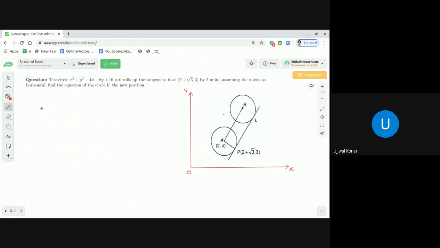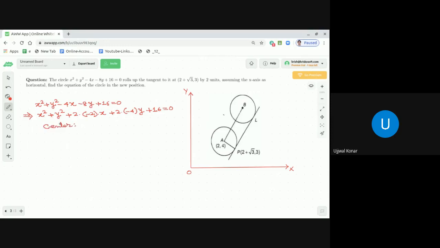Always, dear students, whenever you get an equation of a circle like this, you can represent it in the generic form x square plus y square plus 2gx plus 2fy plus c equal to 0, where g is minus 2, f is minus 4, and c is 16. Now, what is the coordinate of the center?